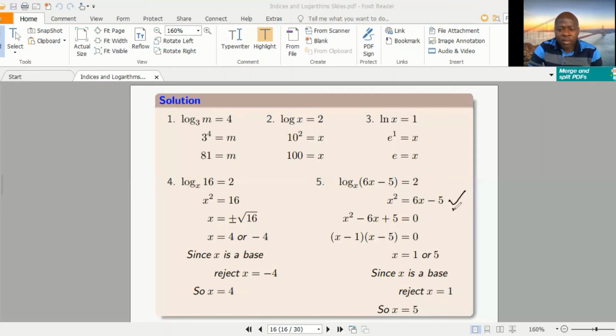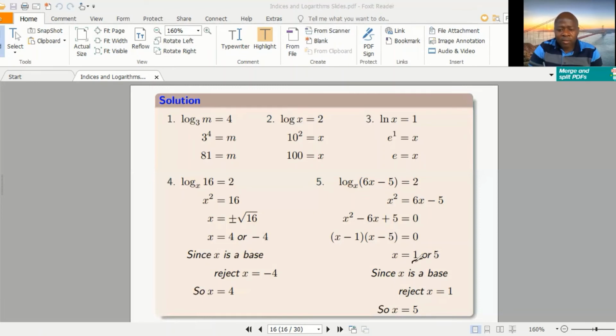This is a quadratic equation. We know to solve them by either factorization, quadratic formula, or even completing the square method. But factorization is easy, and I did factorize. Found that x will be 1 or 5.